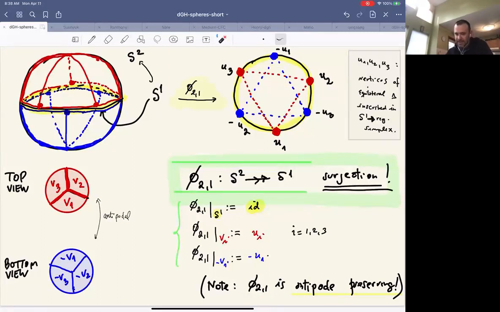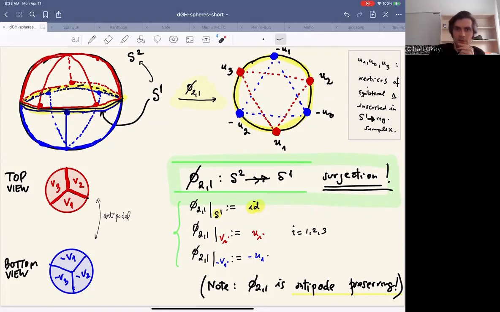Does that answer the question? Do you want the map to be continuous? We don't care, no. So this is just any map, and we're going to produce a correspondence out of that map, and then compute the distortion, and the distortion will turn out to be 2π/3, but the map is not required to be continuous. So you just care that it's antipodal preserving. Okay. Yes.